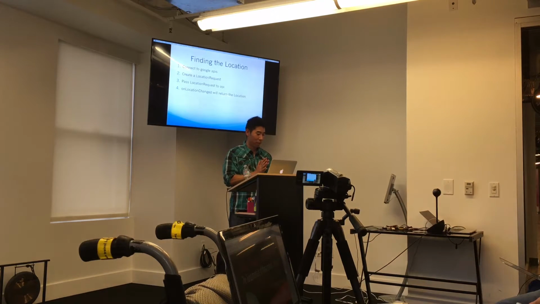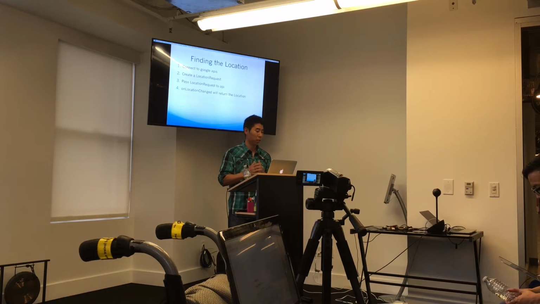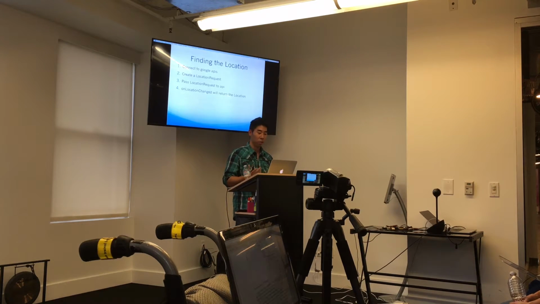Okay, the next part that I'm talking about is different parts of the app. I know it touches upon a lot of things. So this is getting the location. I don't know if anyone has had to work with getting the location on the phone. It seems to be a really good sensor to use. The first thing you do is, you have to have the Google Play services enabled. You do that in your build.gradle.